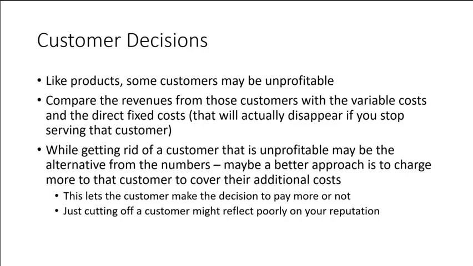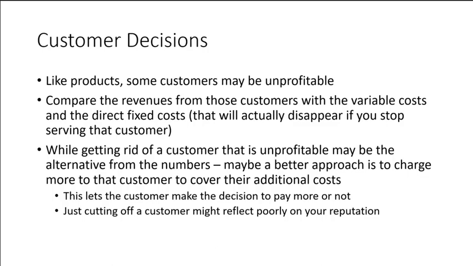So we're going to compare the revenues for those customers with the variable cost and the direct fixed costs, those that will actually disappear if you stop serving that customer. Make sure that you know which of those fixed costs are really going to go away. You have to be willing, if we drop a customer, to actually get rid of the fixed cost that goes along with that customer.